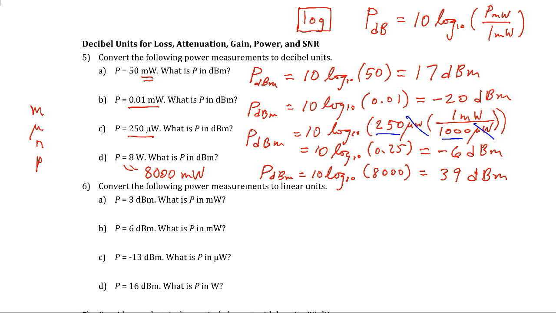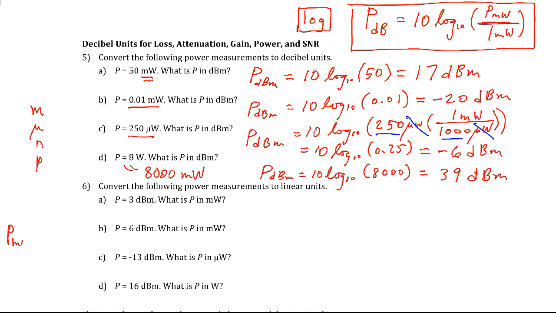I'm going to go ahead and finish these next 4 problems converting the other direction. In this direction, I have to turn this equation inside out, solving for the power in milliwatts. When I do that, P in milliwatts is 10 raised to the power of the dBm over 10.